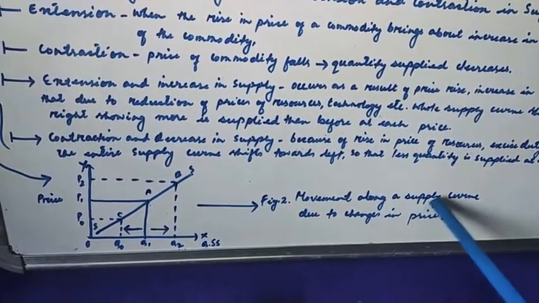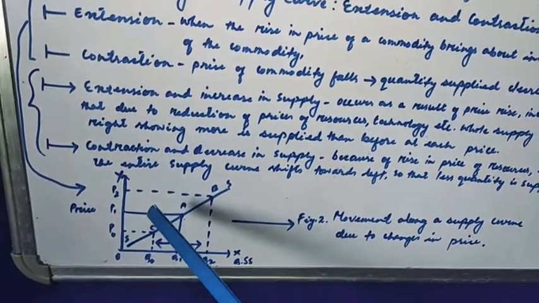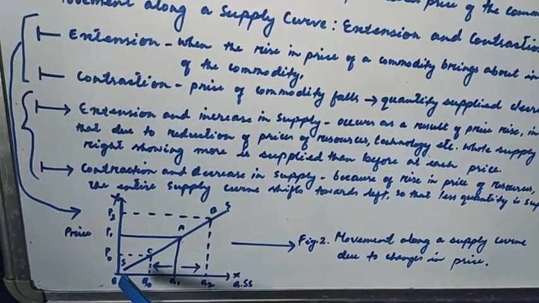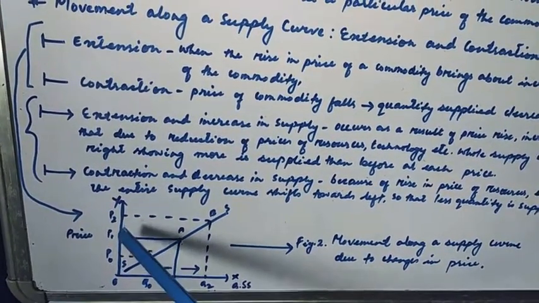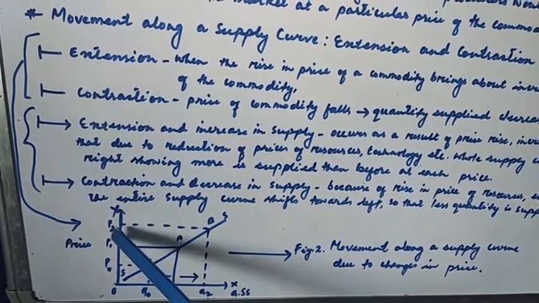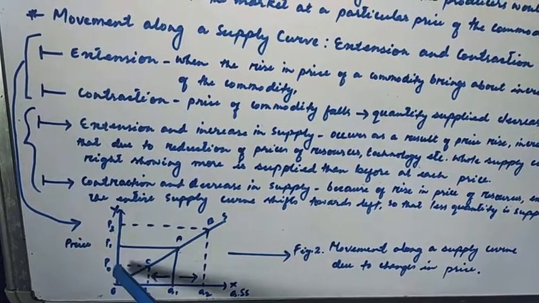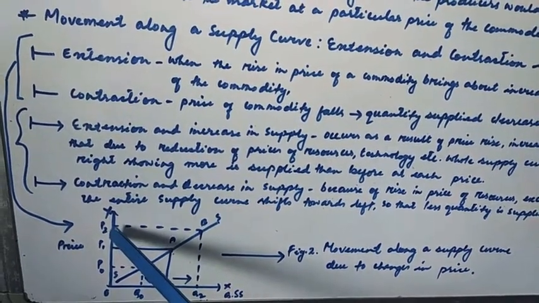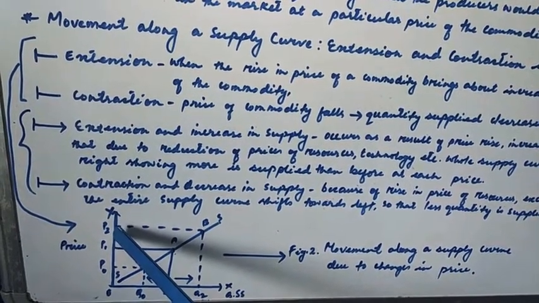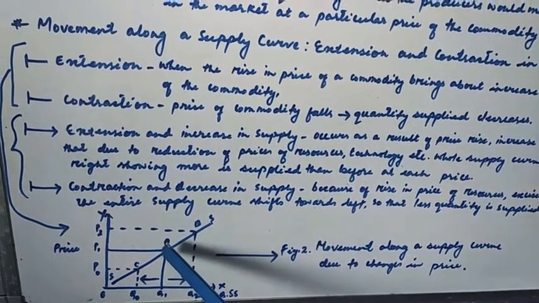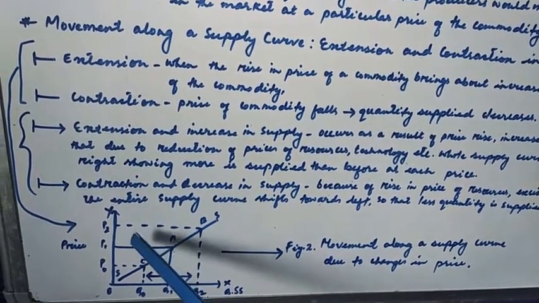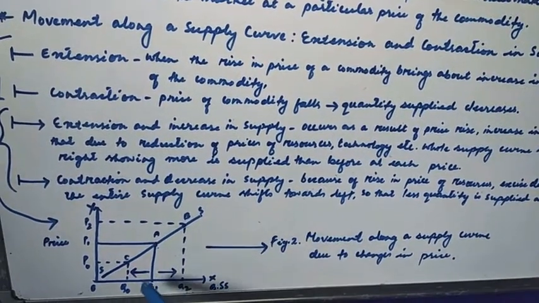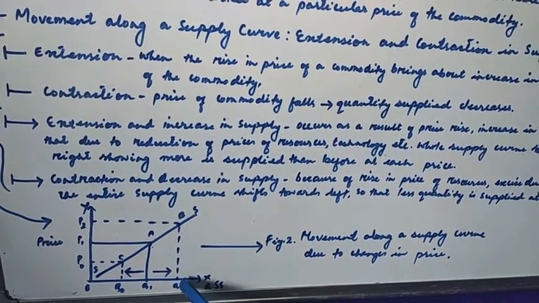Let us see a situation where the price of a commodity has increased from P0 to P2. What will affect the supply when price rises? We have seen that quantity supplied also increases from Q0 to Q2.